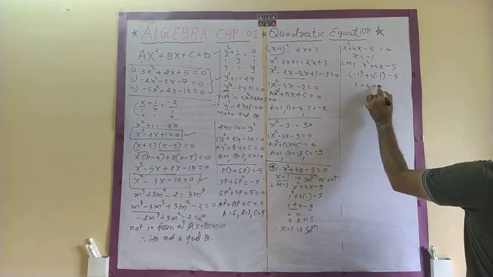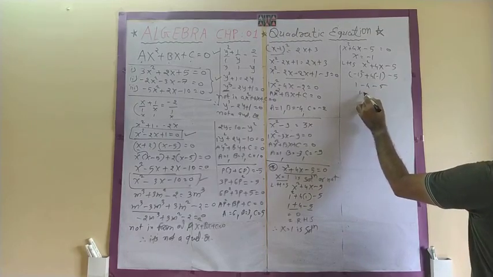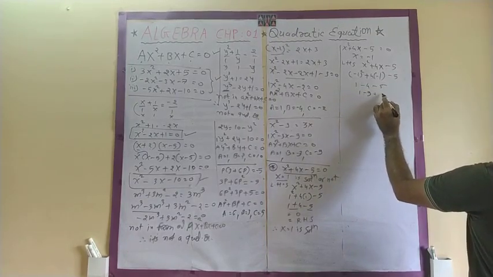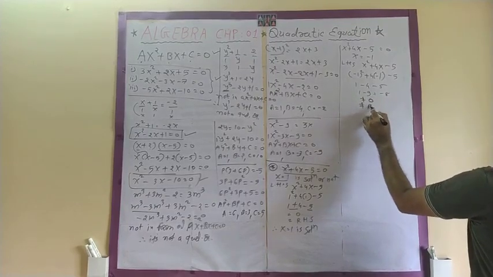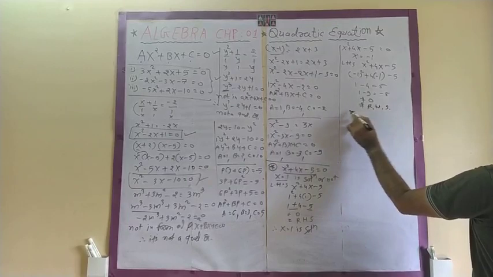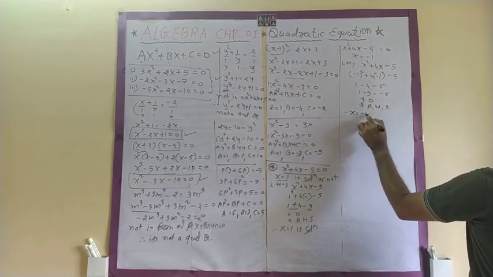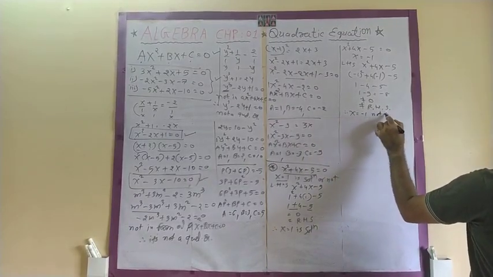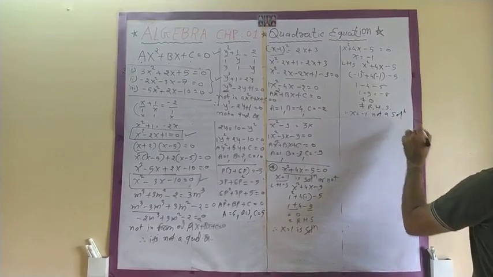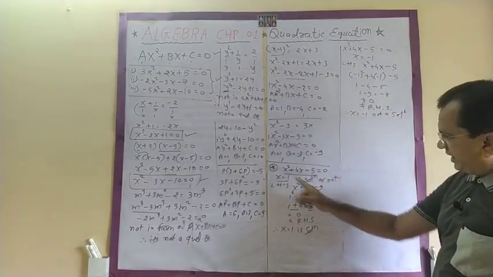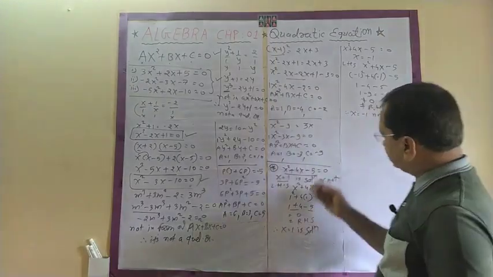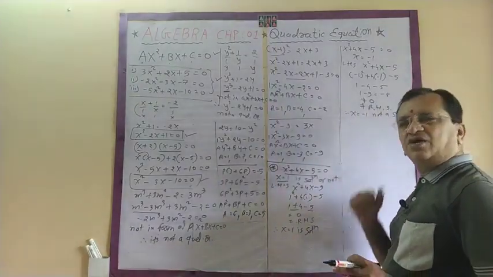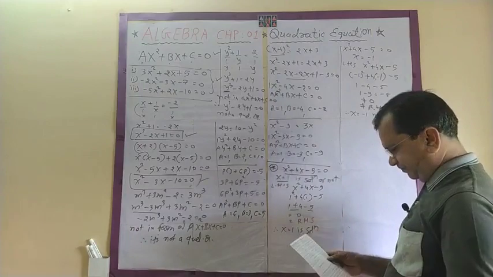So 1 minus 4 minus 5, 1 minus 9 is equal to minus 8, which is not equal to 0, not equal to the right hand side. Therefore x is equal to minus 1 is not a solution. If by substituting, left side and right side are equal, then it is a solution. If left side and right side are not equal, it is not a solution.